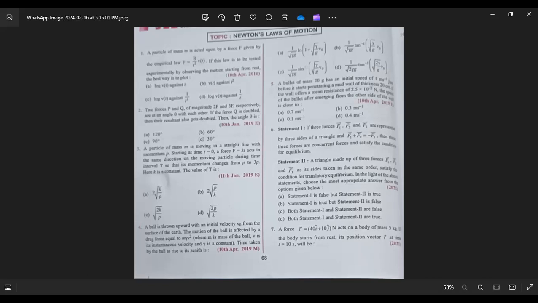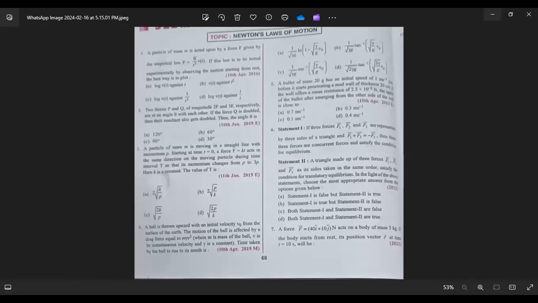This can be calculated by, hope you can see the screen.